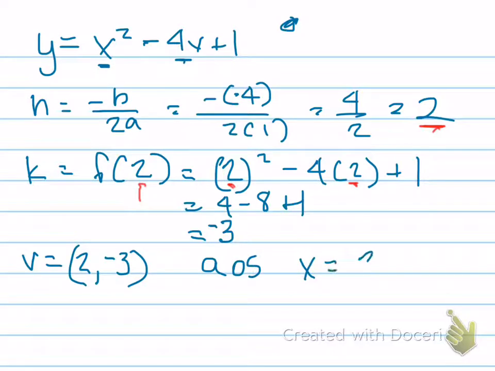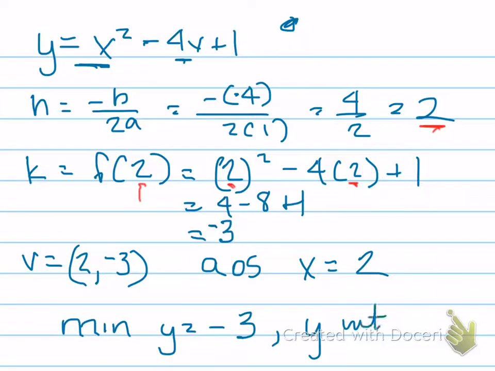And we find out that our vertex is 2, negative 3. Our axis of symmetry is x is equal to 2. We have a minimum at y is equal to negative 3. Our y-intercept is y is equal to 1. And we're moving on.